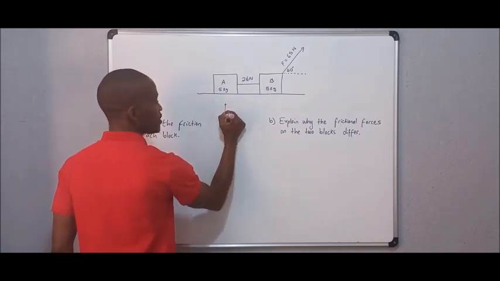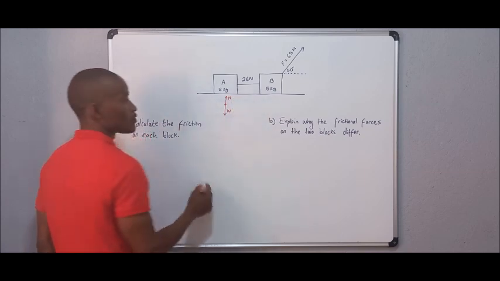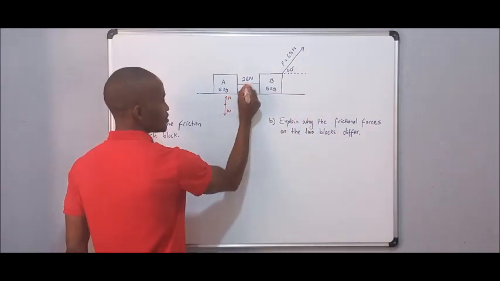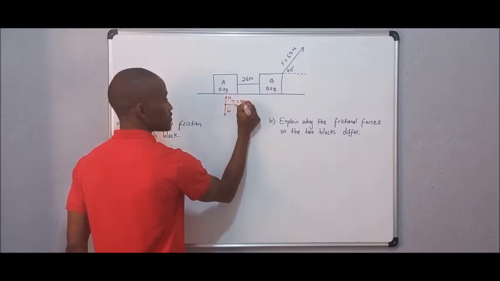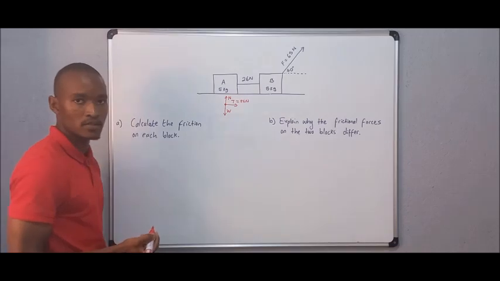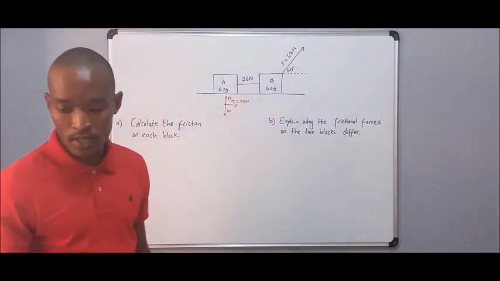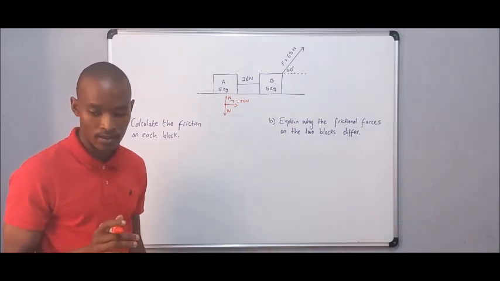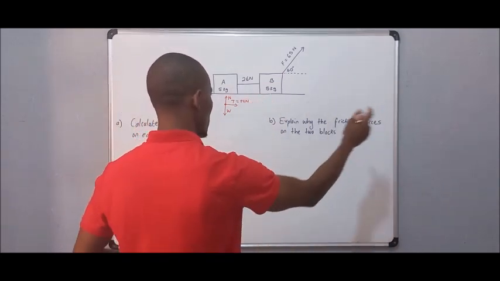For block A, we know that there will be weight, and the normal force, since it's a horizontal surface, and there will be tension, T, which is given as 26 newtons. What is the direction of motion? The scenario says the two blocks accelerate to the right.